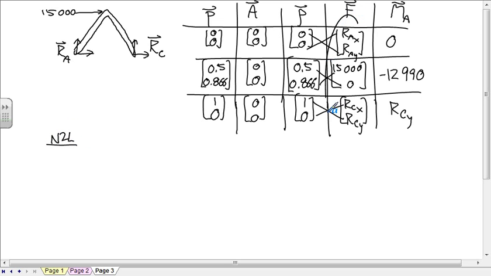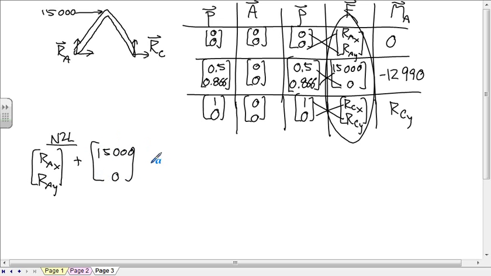So Newton's second law, just add up those. You get RAX, RAY, plus 15,000, 0, plus RCX, RCY is equal to zeros.